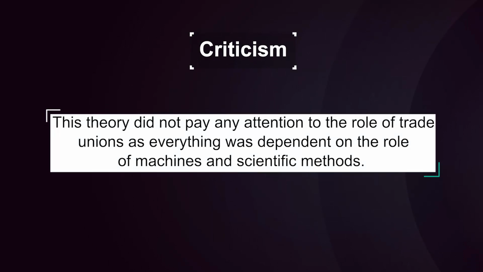Another major criticism came from trade unions because this theory did not pay any attention to the role of trade unions, as everything was dependent on the role of machines and scientific methods. Even another type of criticism came from the managerial class. They had two types of criticisms.